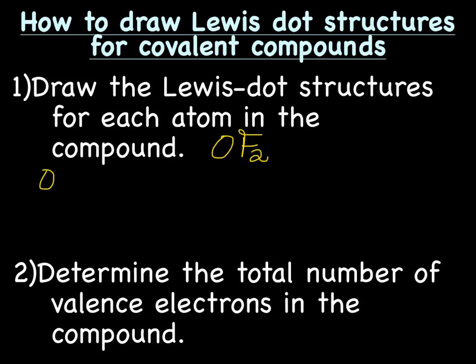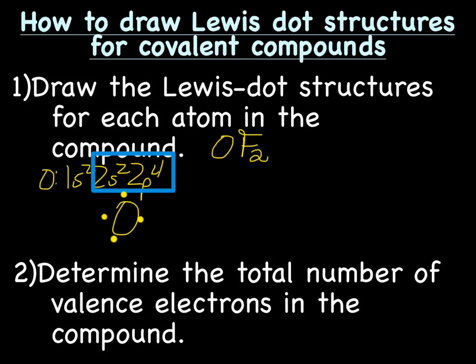Okay, so O is 1s2, 2s2, 2p4. It has 6 valence electrons. So the Lewis-Dot structure for oxygen will be 1, 2, 3, 4, and then again, you need to pair up 2. Top and bottom works for me. That's up to you. And then we've got fluorine, which is 1s2, 2s2, 2p5.